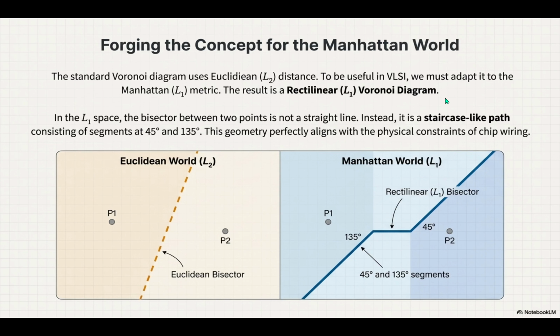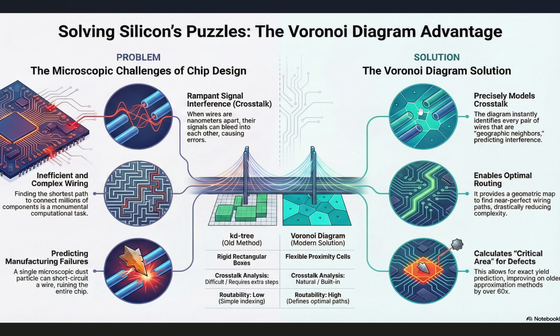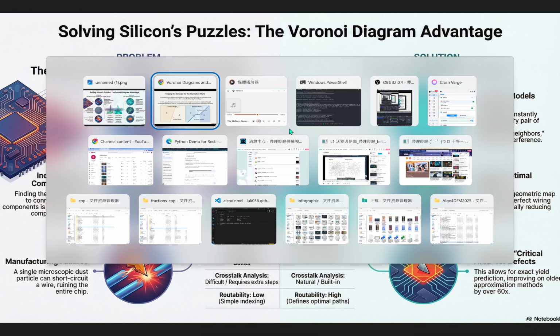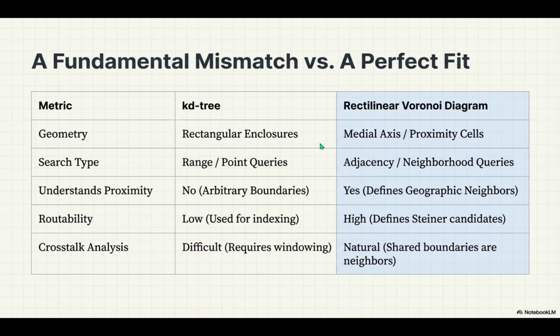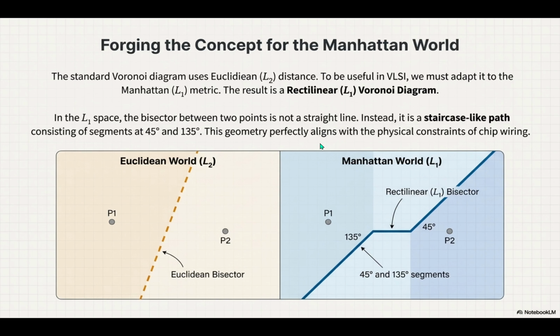It seems that way, but think about what it represents. That staircase path, made of segments at 45 and 135 degrees, is actually modeling the way a signal has to travel on the grid. Ah, so it's the perfect fit. It is the perfect fit. The boundaries of the map now perfectly align with the physical constraints of the chip. You've gone from an arbitrary box from a tree to a continuous map of physical and electrical reality.